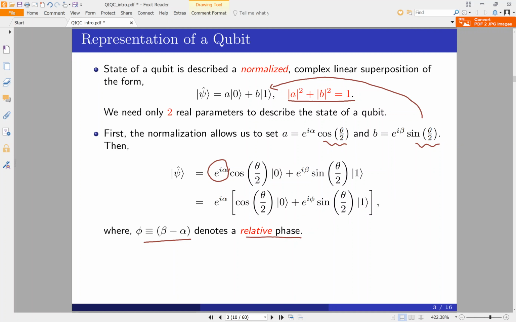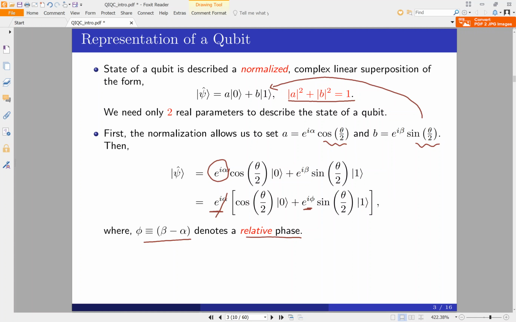So I have essentially taken these two phases which I have associated with the individual complex coefficients, and I have re-expressed it now as an overall phase and a relative phase, right? This overall phase, as was noted in an earlier lecture, is not an observable quantity, right? So I might as well just ignore this real parameter, because the state of a quantum system can only be described up to an overall phase.